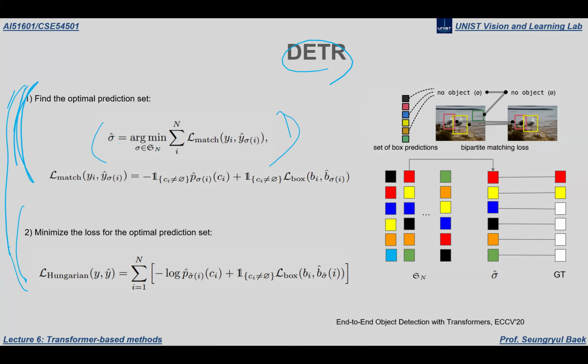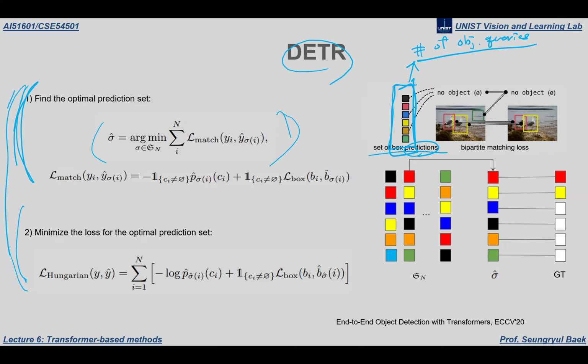For the first thing, you watch the set of predictions from the transformer's output. The number of predictions may coincide with the number of object queries. If the number of object queries is 300, then we will predict 300 predictions.